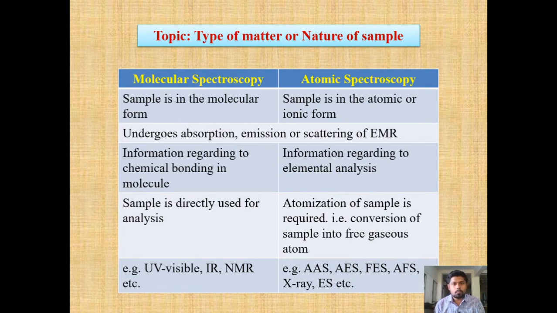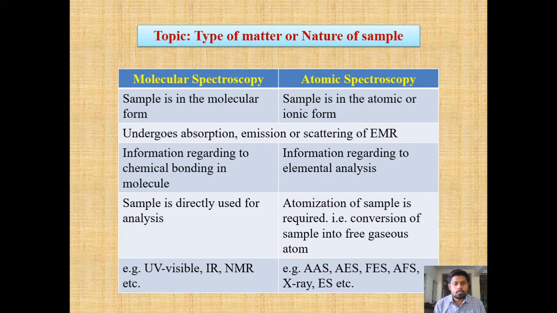AAS stands for atomic absorption spectroscopy, AES for atomic emission spectroscopy, FES for flame emission spectroscopy, AFS for atomic fluorescence spectroscopy, ES for electron spectroscopy. Those techniques you studied in MSc semester 3, while molecular spectroscopy techniques you broadly studied in MSc semester 4, spectroscopy 2.